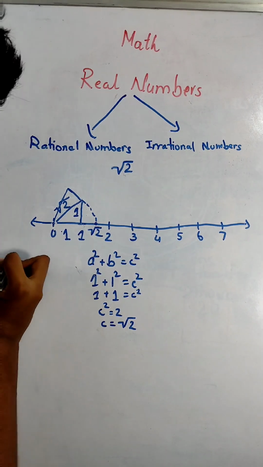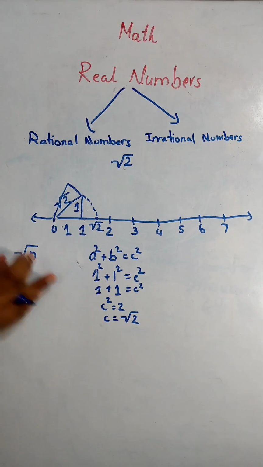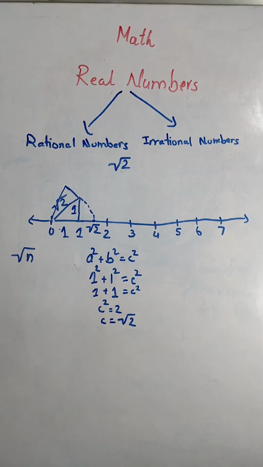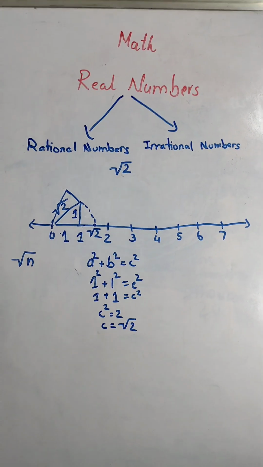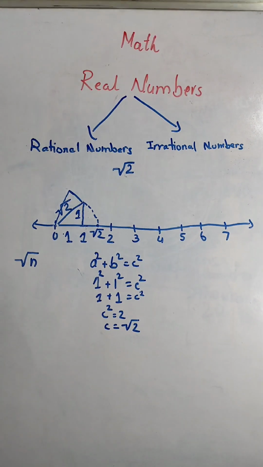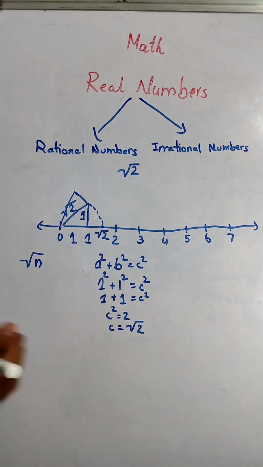Let's take you want to find root n, and as long as the root of this number is not a whole number, we can't directly mark it on the number line.